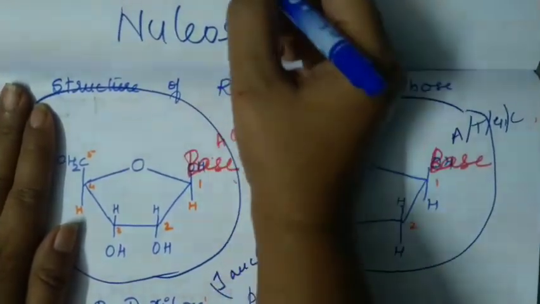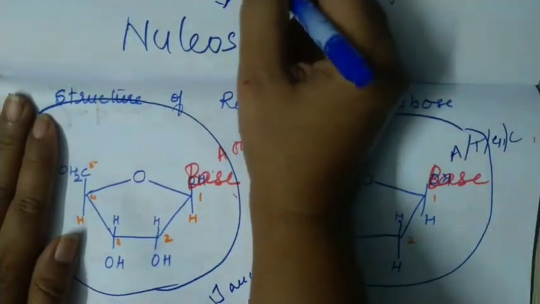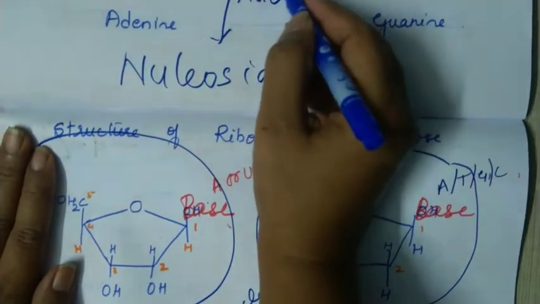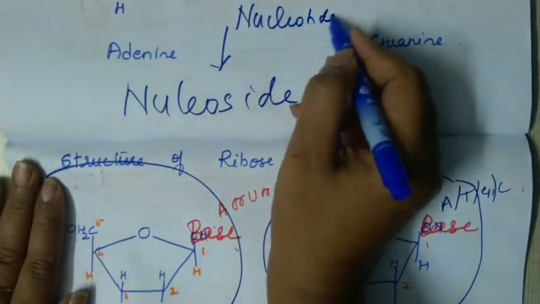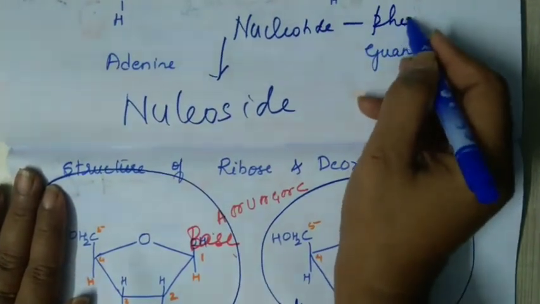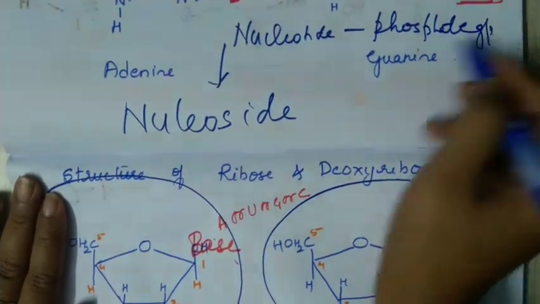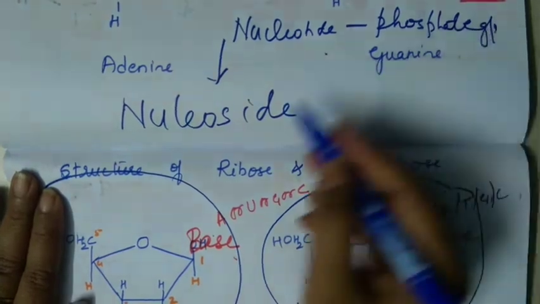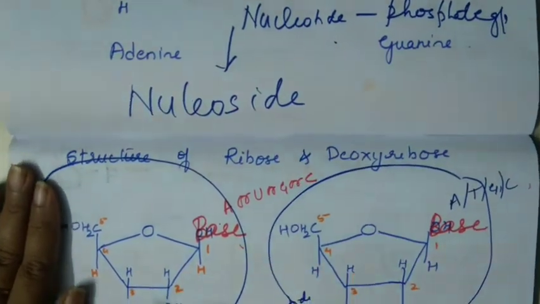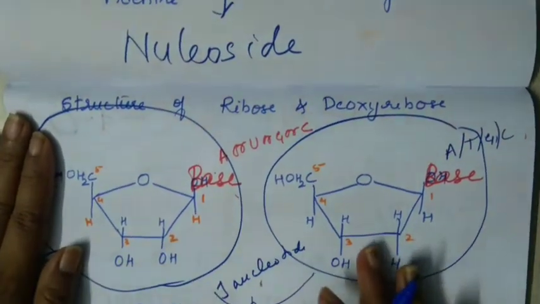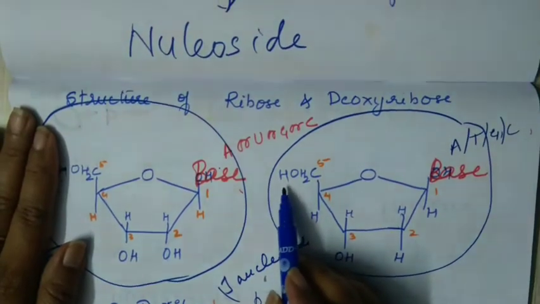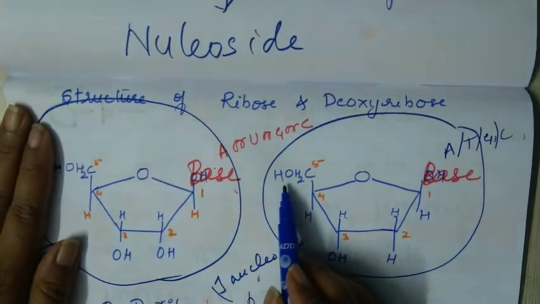So what is nucleoside? It is nucleotide minus what? Minus phosphate group. So nucleotide minus phosphate group is nucleoside. So this is this structure. If you see, I have not written phosphoric acid here.